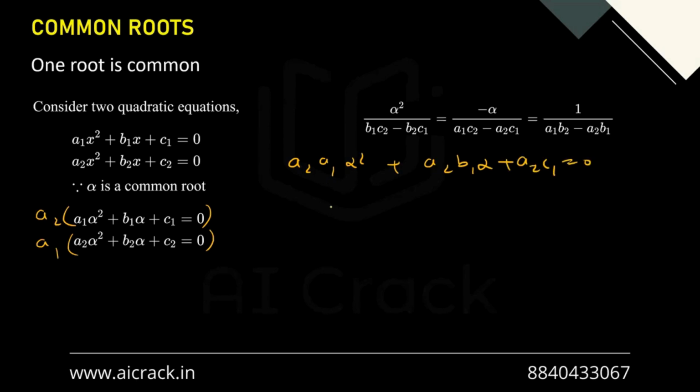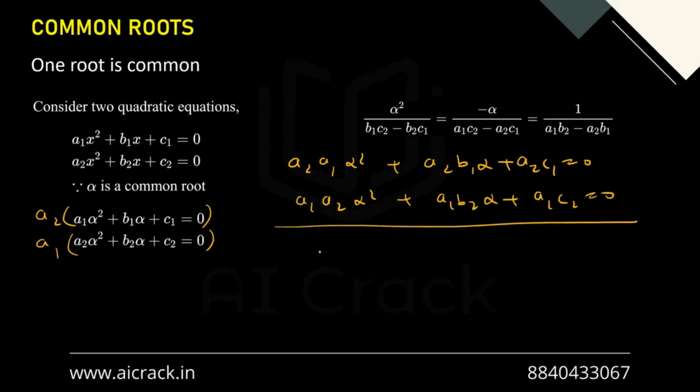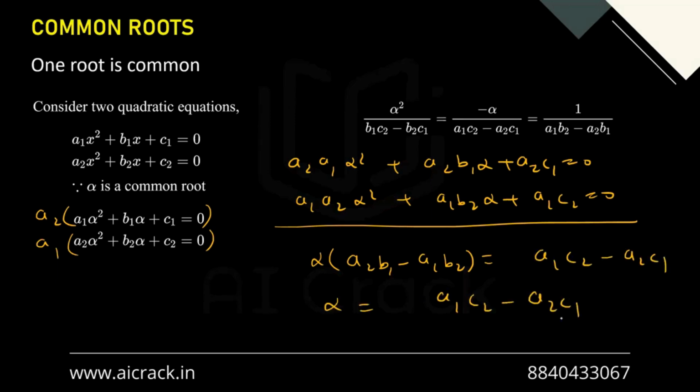And over here what we have got, a1 a2 alpha square plus a1 b2 alpha plus a1 c2 equals to 0, right? Now if we subtract both of them, what will we be getting? We'll be getting alpha times a2 b1 minus a1 b2 equals to, sorry, a1 c2 minus a2 c1. Okay, so alpha would be a1 c2 minus a2 c1 divided by a2 b1 minus a1 b2.